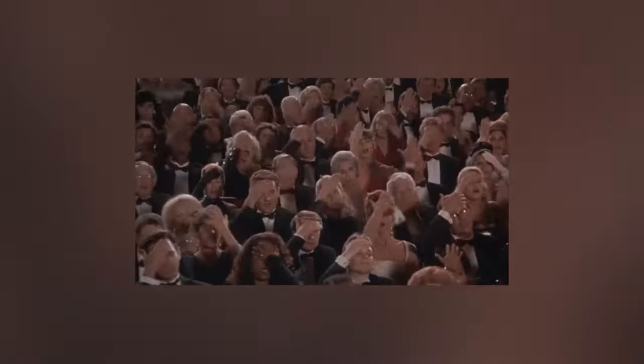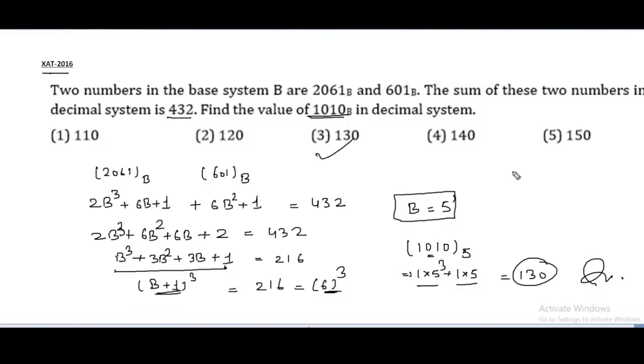Okay, simple. But actually this question has a technical problem. This question is actually wrong technically. Why? Because if you are taking base as 5, you cannot write digit 6. But the makers actually made a mistake while making this question. They did not think that this question is technically wrong, because if you take base as 5, you cannot write 6 here.